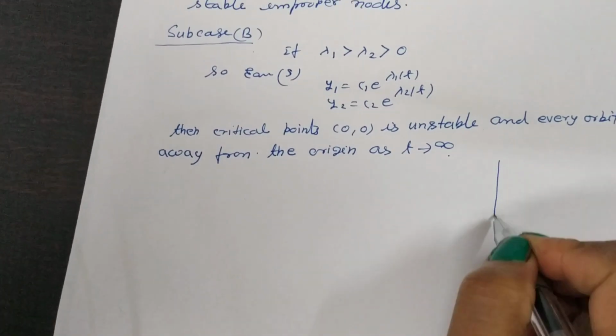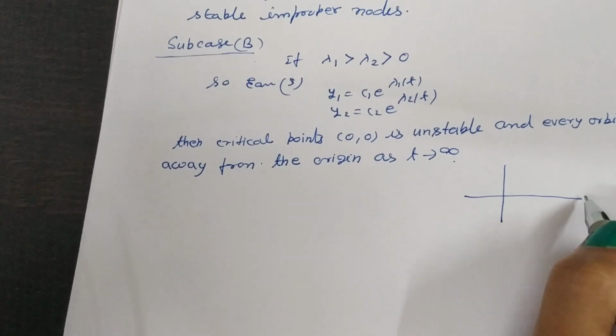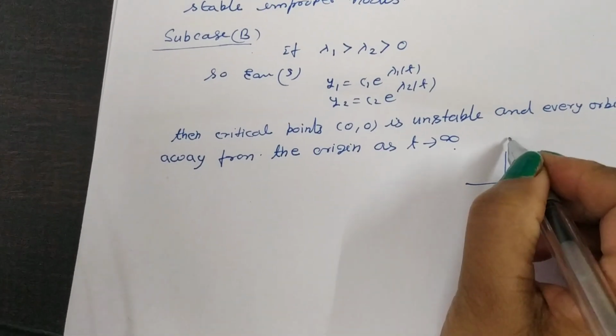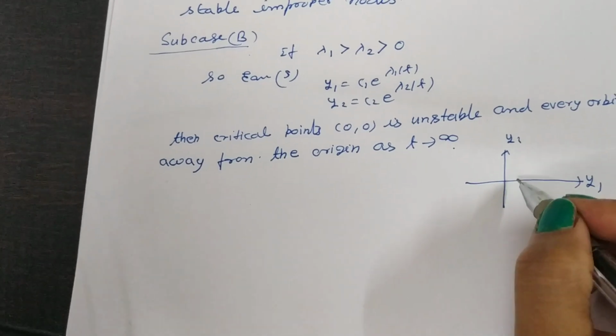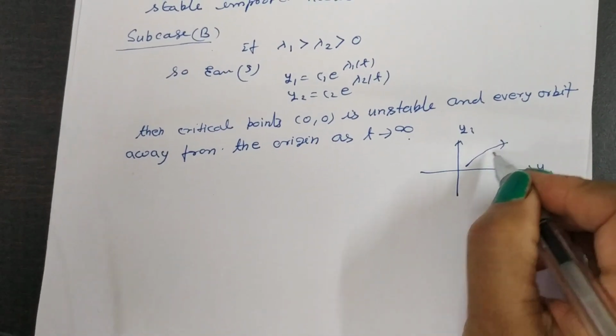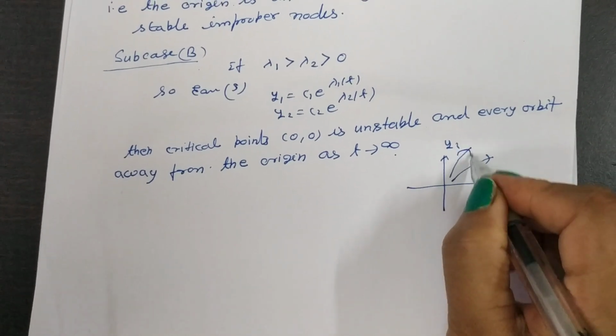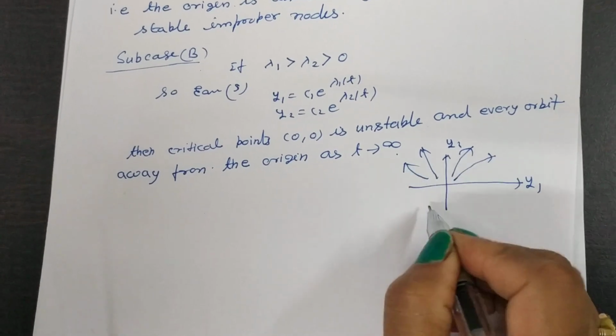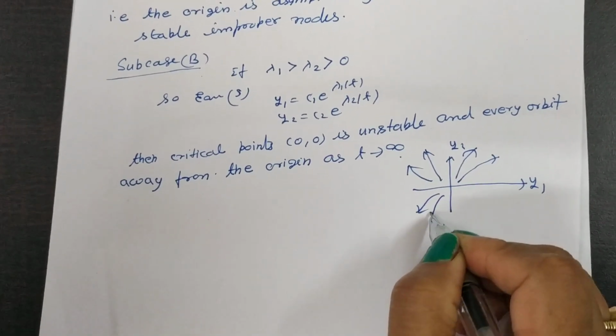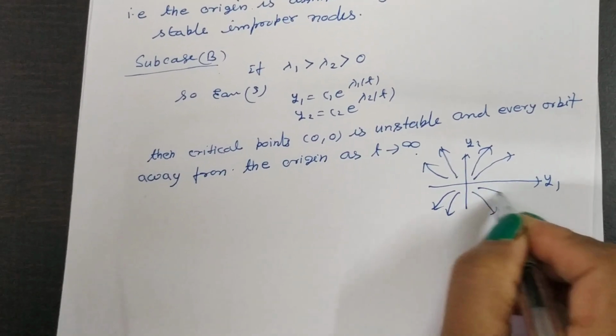Like that, the phase portrait is defined, y1 is this one, y2 is this one. Every orbit goes away from the origin.